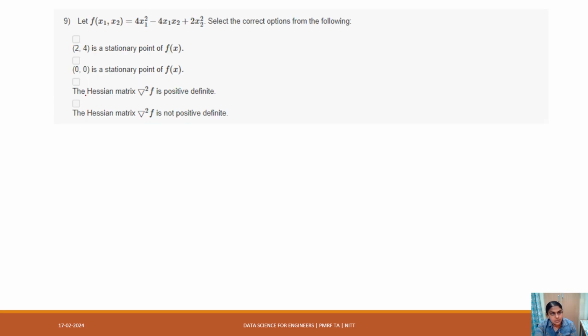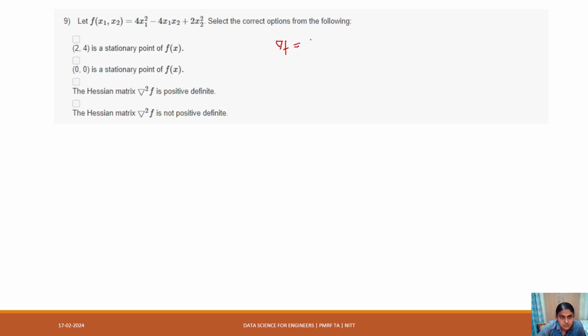Now let f of x1 comma x2 equal to 4x1 square minus 4x1 x2 plus 2x2 square. Select the correct options. I think you can solve this with the help of the earlier problem. So del f first you have to find out.